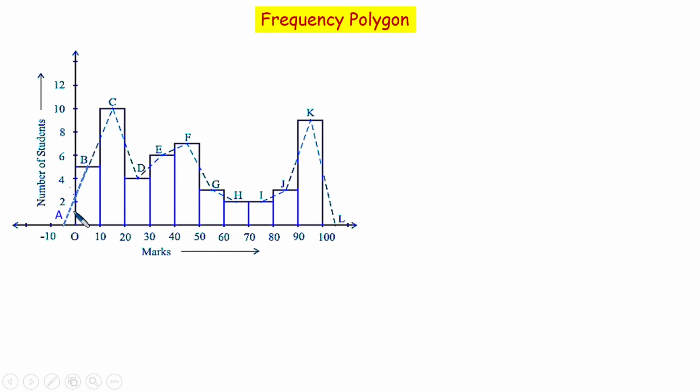So you don't lose any area. So the area under this histogram is the same as the area under this polygon. So knowing the area under the histogram is also important. We will come to it slowly. Okay, what does it mean?